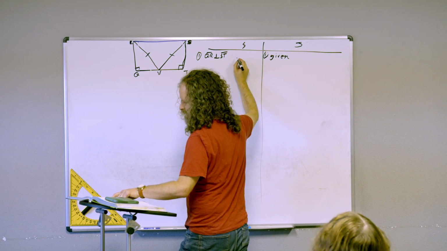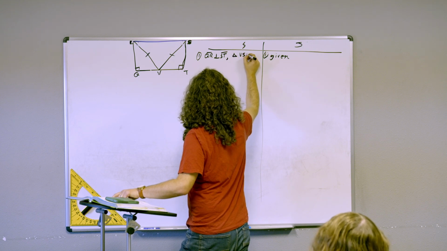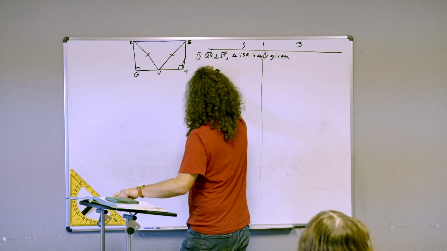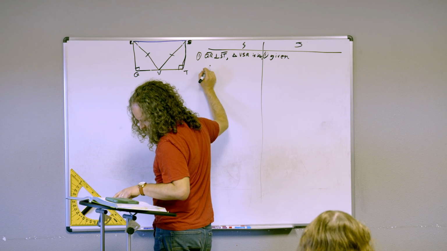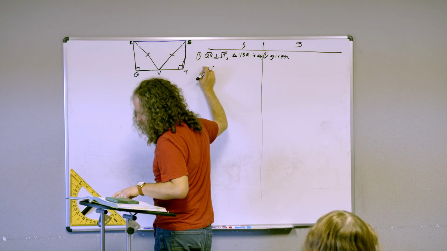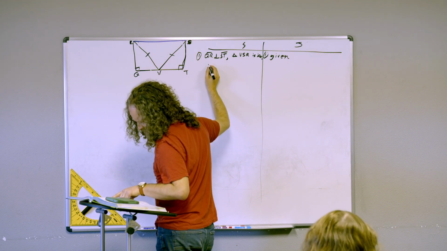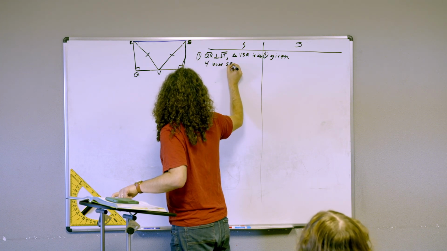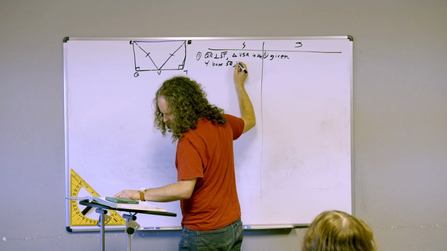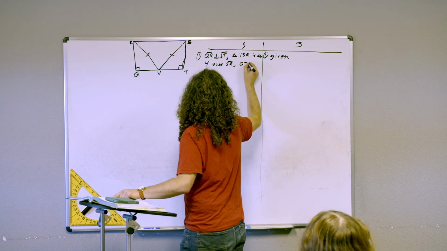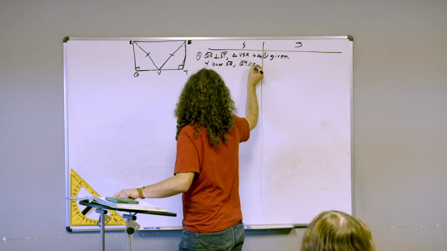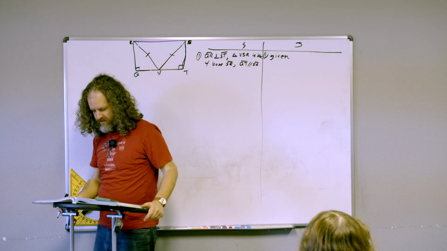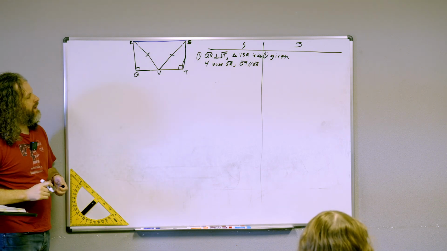And triangle VSR is isosceles, with base SR, and QT is parallel to SR. And we're supposed to prove that the two side triangles are congruent. Okay, now what?